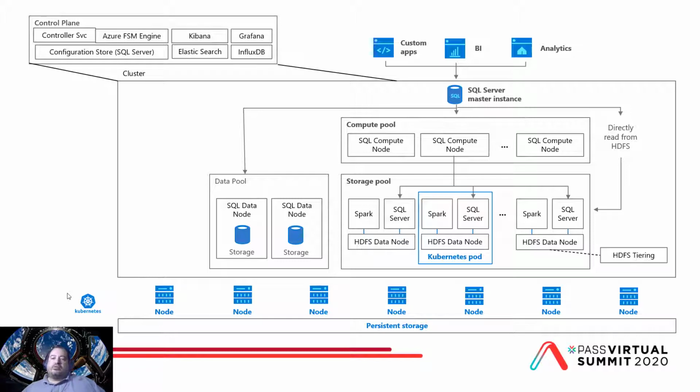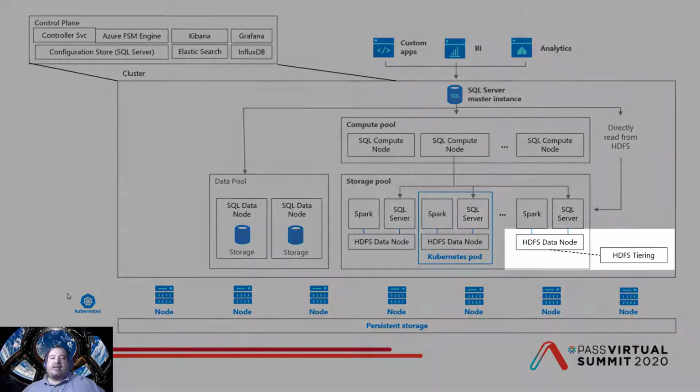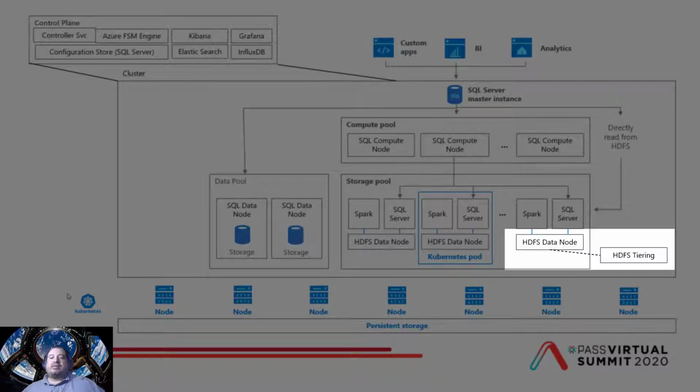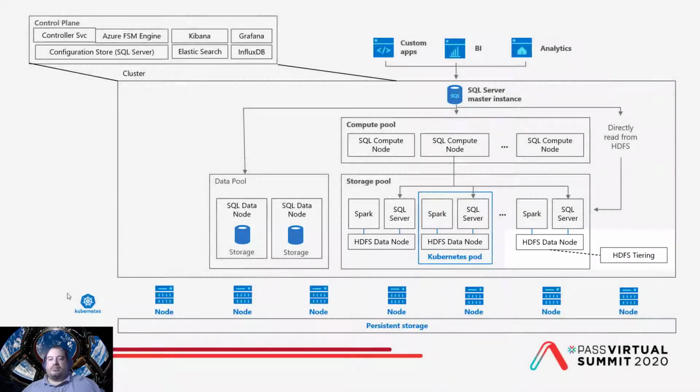One of the features is called HDFS tiering. HDFS tiering allows us to map external HDFS storage to our HDFS storage, making it appear to be local storage when in fact it's not.